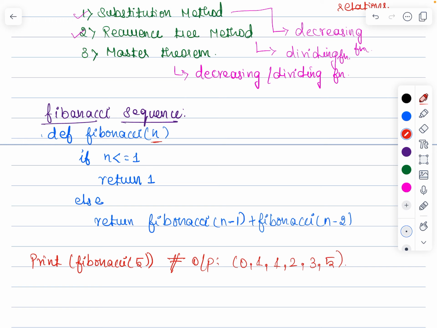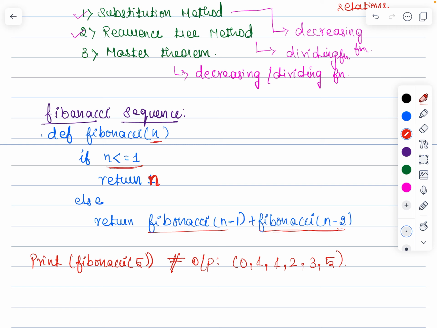So, for 5 I want to identify. The condition given here is the base condition. If n is less than or equal to 1, it would return n. Otherwise, it would go to the else part, return Fibonacci of n minus 1 plus Fibonacci of n minus 2. So, this would be recursively called every time, right, until we reach the base case.